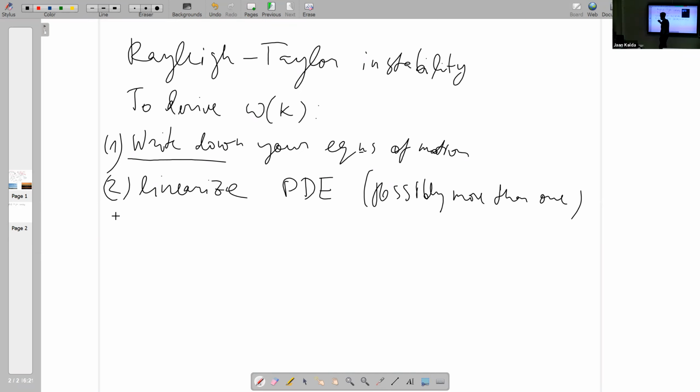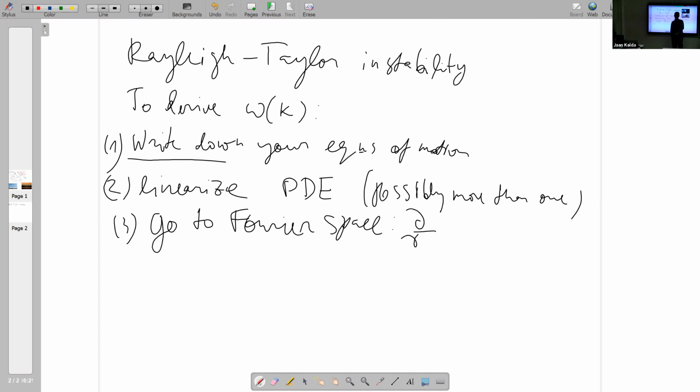And then the third step is go to Fourier space. What it means is that if you have a derivative over x, you substitute this with i times k, and the derivative over time you substitute with minus i omega. And then you had before a differential equation, now you have an algebraic equation because derivatives got substituted with constants.